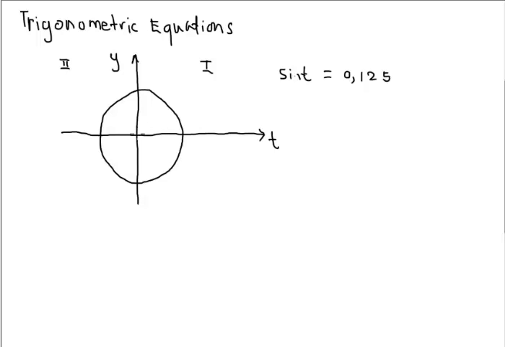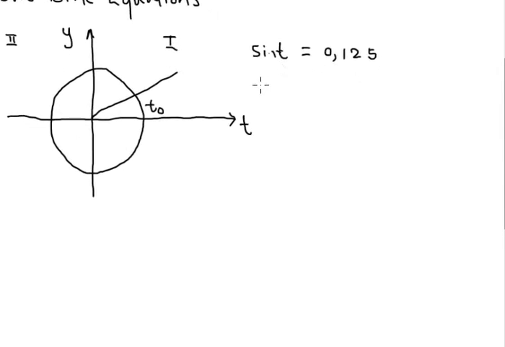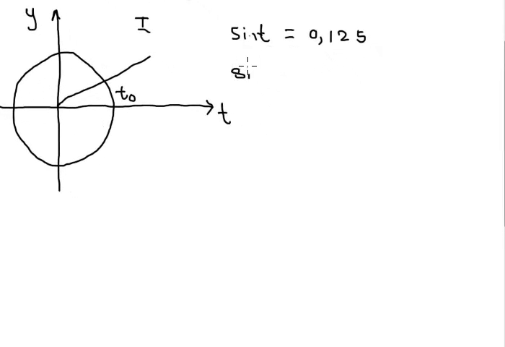Now we can assume that there is an angle here, which is t, just taking the one in the first quadrant, and we call that the reference angle. All together, guys. Now, after I've done that, I can write my new helping equation, which says sine t0 equals 0.125.